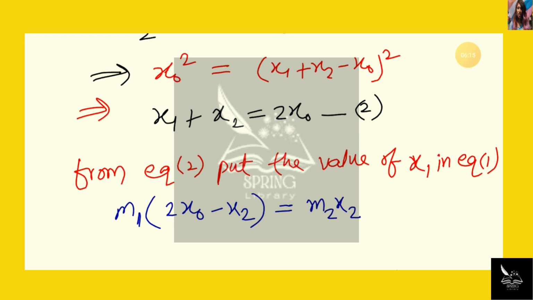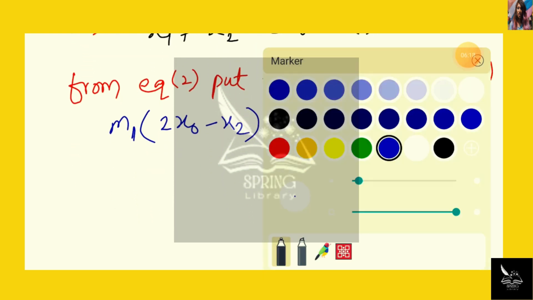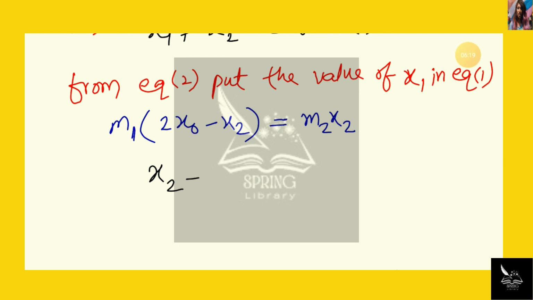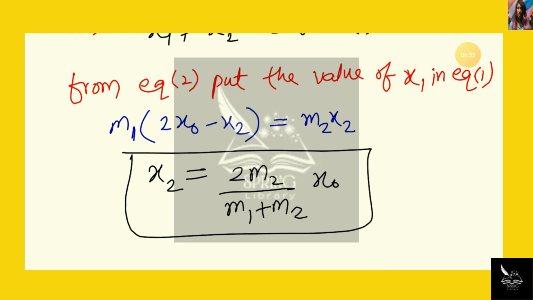Now simplify it, then I will get the value of x2 in terms of x naught, that is 2m2 over m1 plus m2 multiplied by x naught. So this is the distance traveled by the second block.